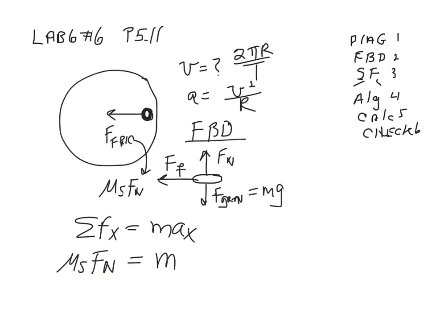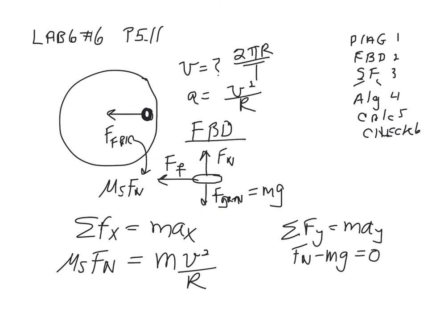And that's equal to the mass times the acceleration, but of course the acceleration, we found, is v squared over r. And the Fn we get by looking at the sum of the forces in the y direction, as we always do. We can kind of see it, but I'm going to write it out. So we have Fn minus mg, which is down, equals 0. So Fn is equal to mg.